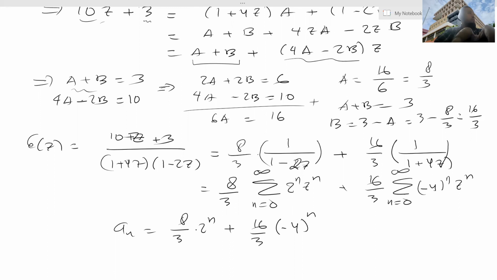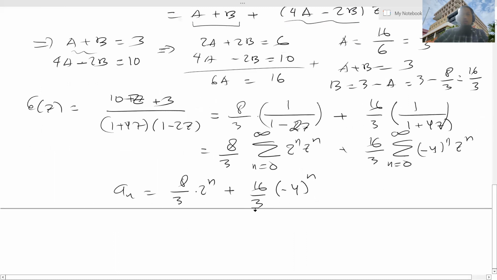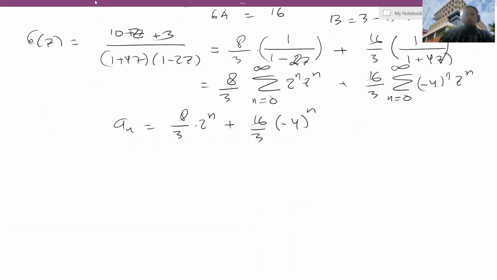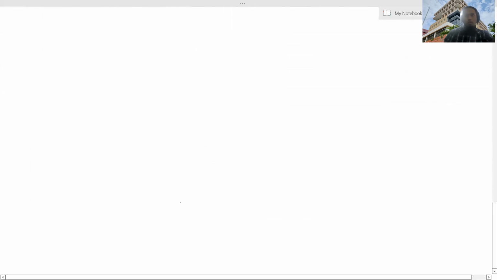So this time we want to find the explicit form of the recurrence relation. Let me use a different color for the pen now.